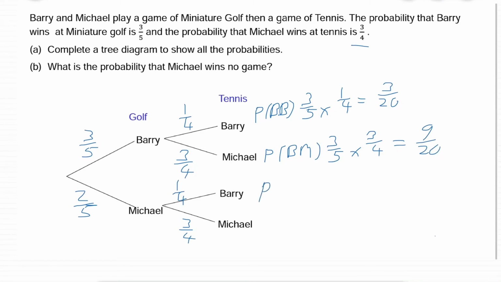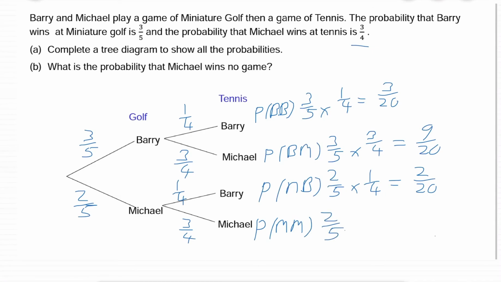The probability of Michael and then Barry, we have 2 out of 5 times 1 over 4. And then finally then, the probability that Michael wins both, 2 out of 5 times 3 over 4. So we have 6 over 20. Again, if you were to add up all these, you would get 20 over 20.